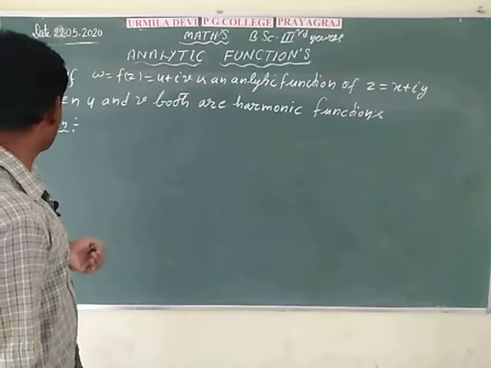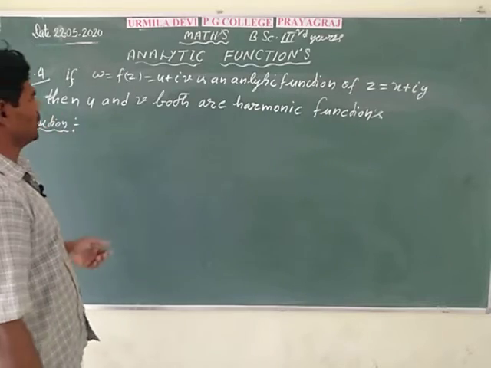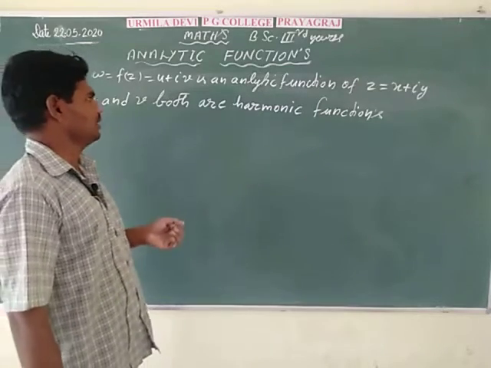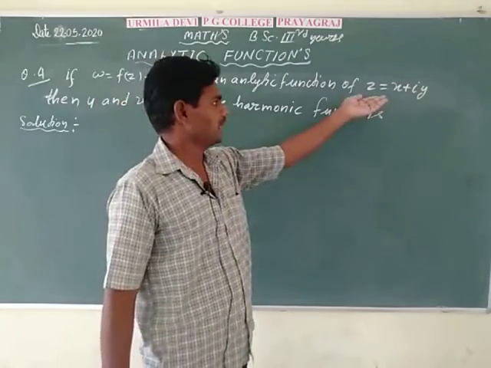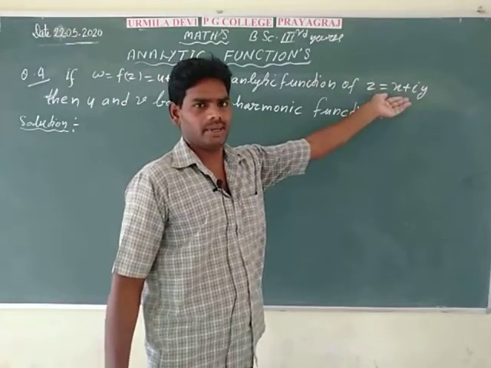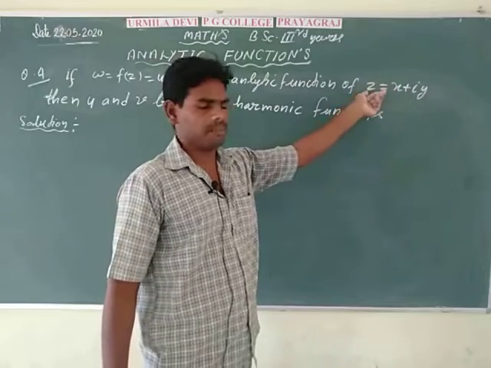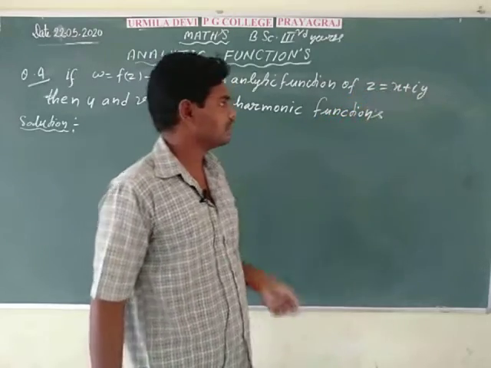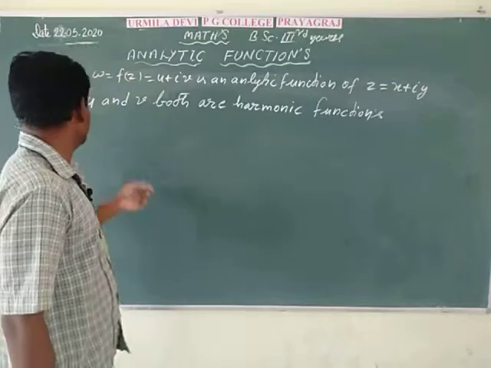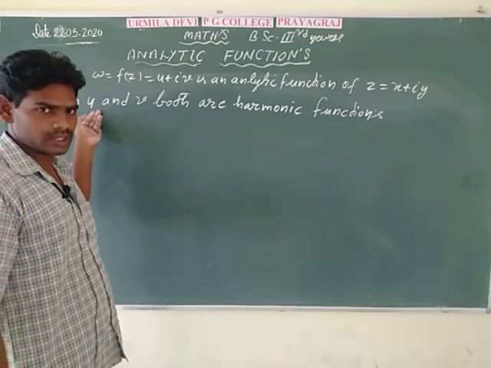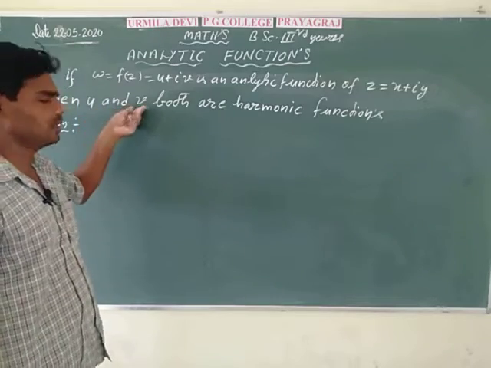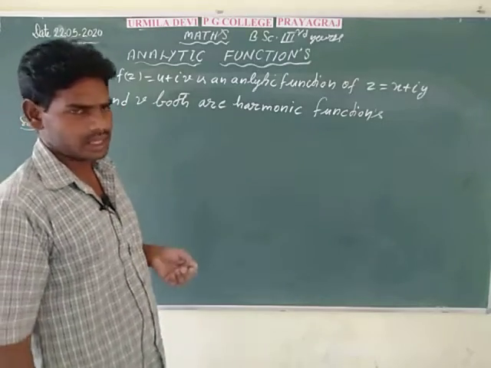In question fourth, if w is equal to f(z) = u plus iv is an analytic function of the point z equal to x plus iy. Here the complex number z in Cartesian form is z equal to x plus iy. Then function u is in the variables x, y and function v is also in the variables x, y.